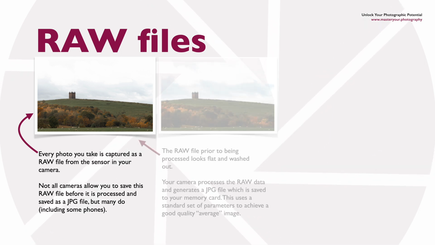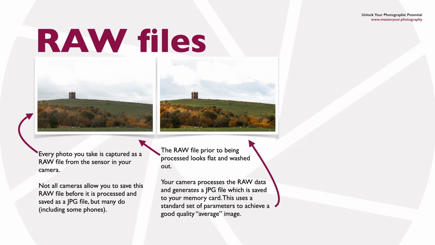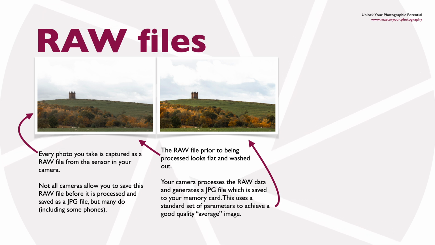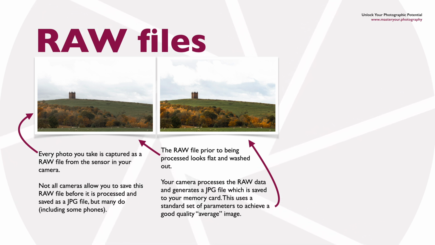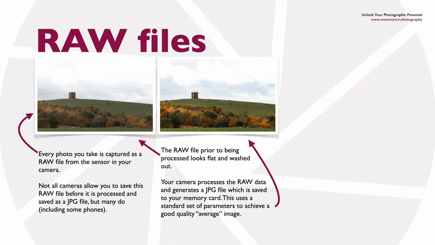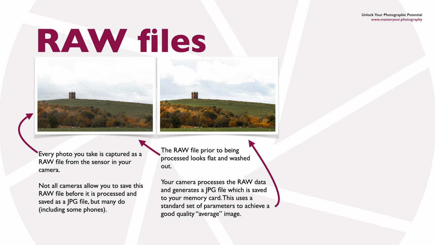A raw file tends to look a little bit flat and grey and lifeless before any processing has taken place. What happens in your camera is the raw file is put through a process which uses a standard set of parameters to produce a result that is fairly pleasing usually, and this file is then saved as a JPEG onto your memory card.